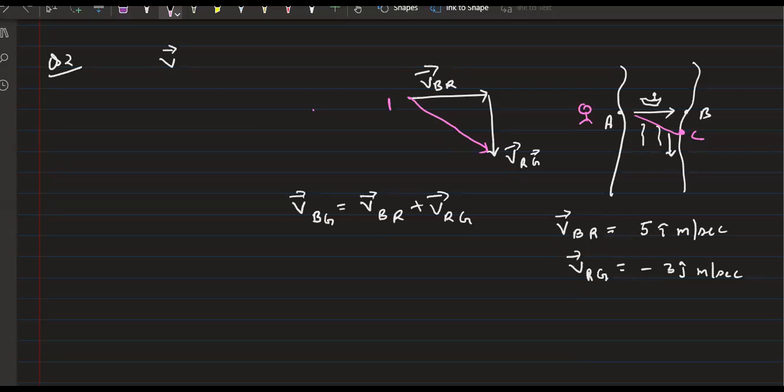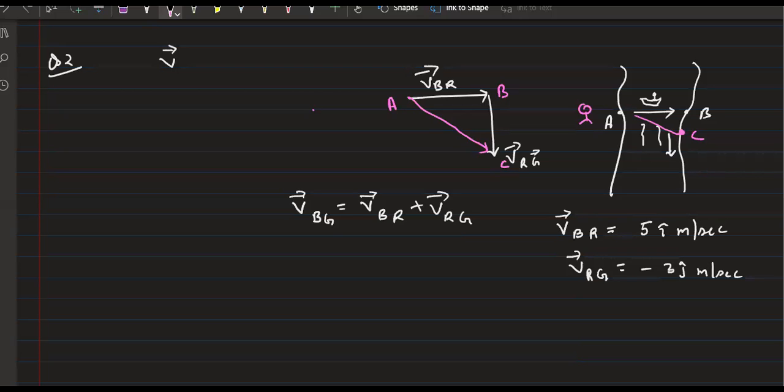This is point A, this is point B, this is point C. The velocity will be in both the x-axis and y-axis, and the displacement will be AC instead of AB.